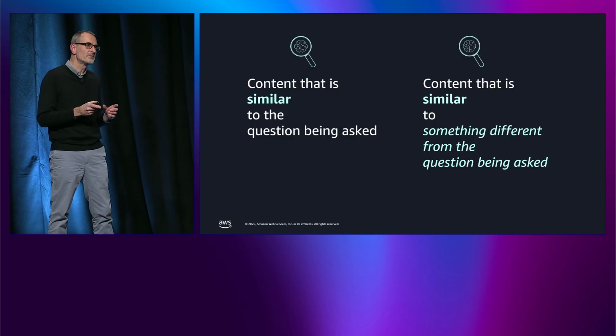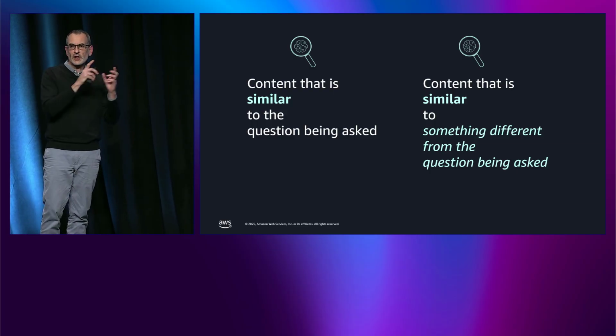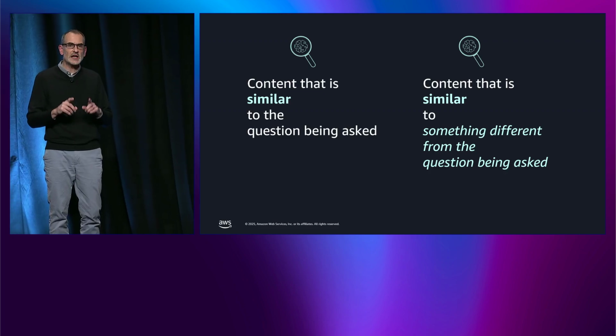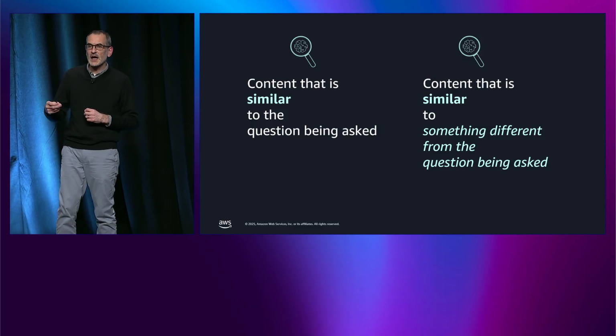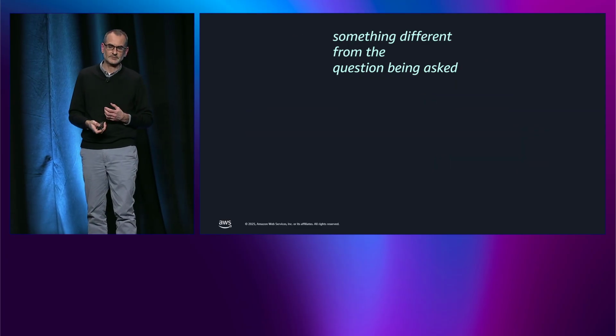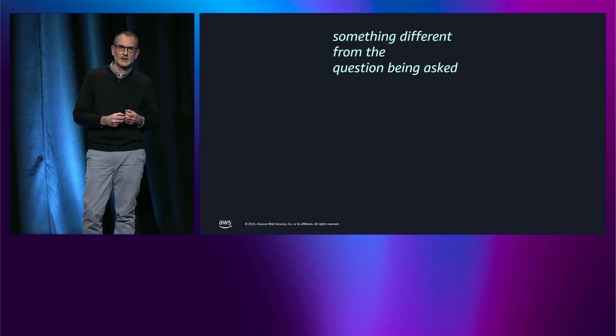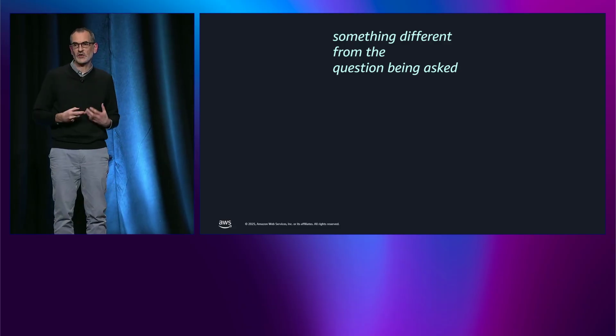But look what we've done. We've taken what was previously a vector search and a graph search, and we've turned it into two separate similarity searches. One for content that is similar to the question being asked, and one for content that is similar to something else. So what we need is some kind of proxy or representation for something different from the question being asked.